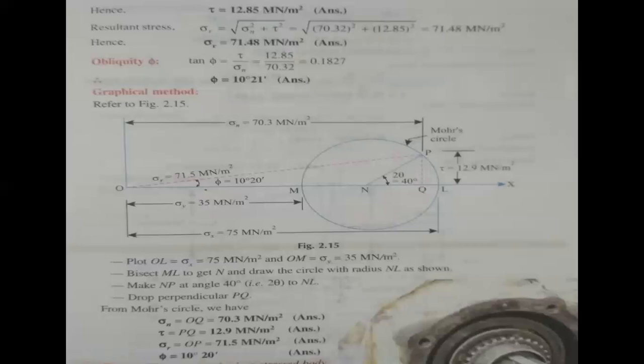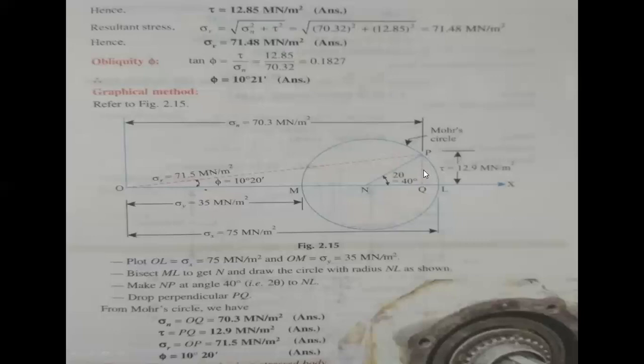So this way we'll find different types of stresses along with the angle of obliquity, the angle of the planes. So this way we can verify that the Mohr circle gives results quite similar to the analytical method.